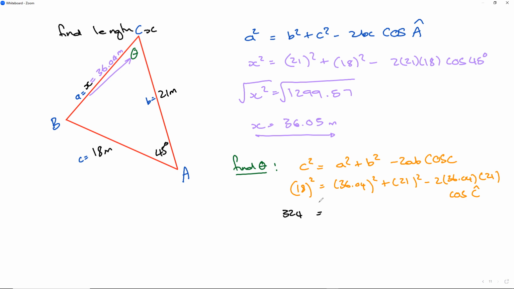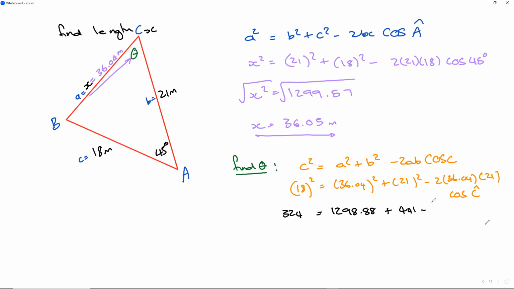And then 36.04 squared comes to 1,298.88 plus 21 squared is 441 minus 2 times 36.04 times 21 cos angle C, we just write there again.